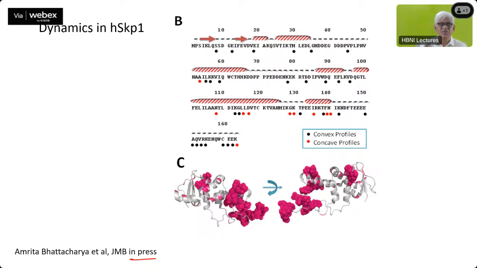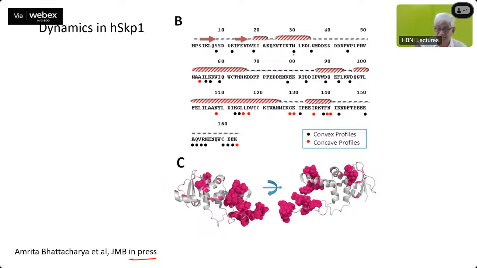No matter whether it's concave or convex, it indicates that there is a conformational exchange and the protein is accessing other conformational states in the ensemble. Many of them are in the loop areas, and there are a few in the helices also.